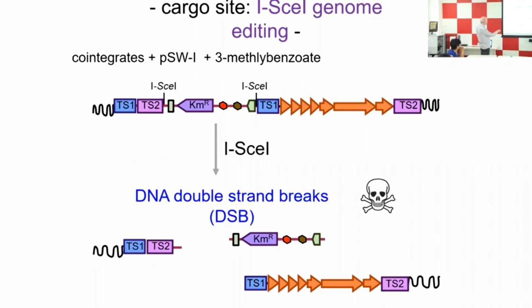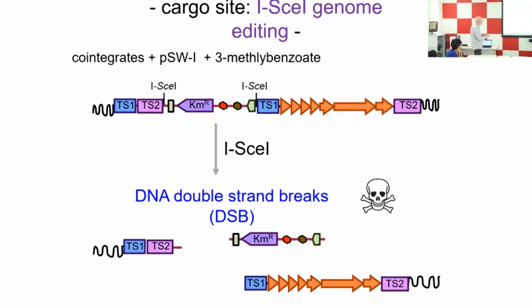the plasmid insertion. But if TS2 recombines with TS2, then the entire segment between this TS2 and this TS2 will be deleted, and what you have at the end is a situation where the intervening region is altogether deleted here, okay?